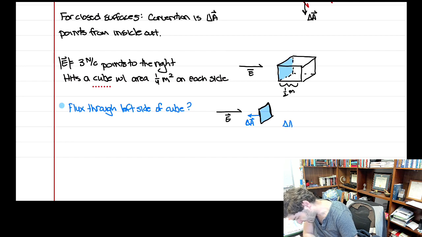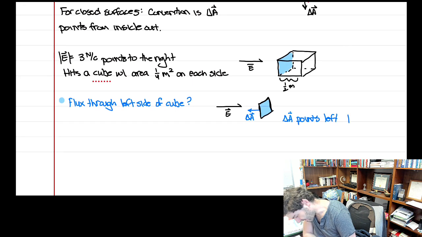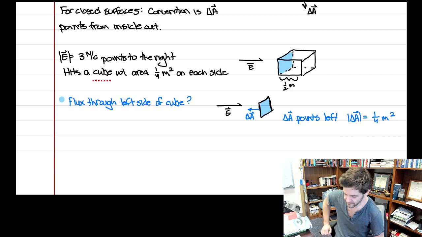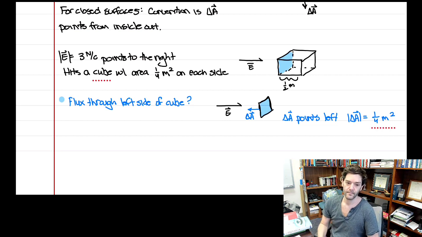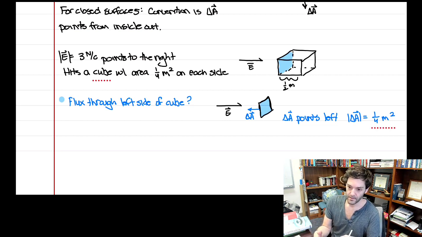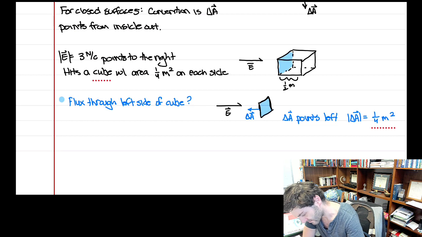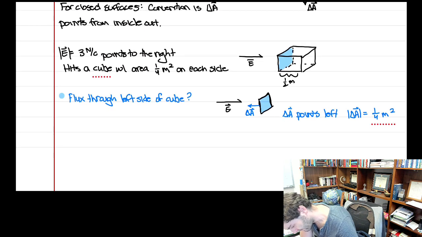So delta A in this case points left, and then the magnitude of that vector is just the area, which is 1/4 meters squared. Now, do I have everything? It seems that in this case I have everything to determine the net flux. That's where I made the font blue.